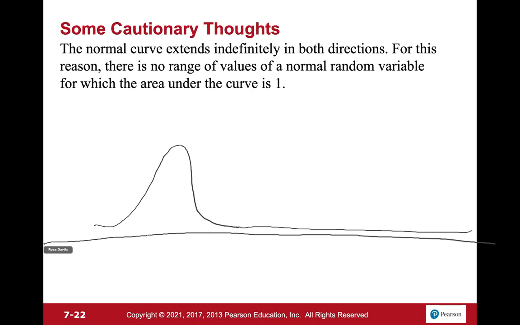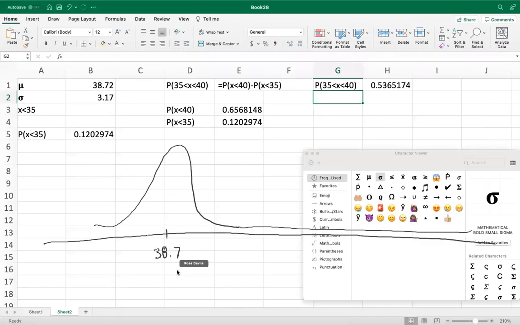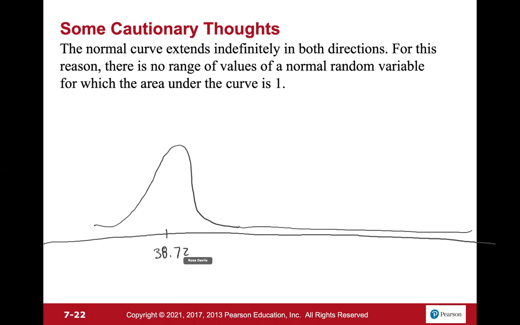Even though these values are unrealistic, they were talking about heights of 3-year-old babies. So even though on the graph these extend on forever, this value could possibly be 200 inches tall.